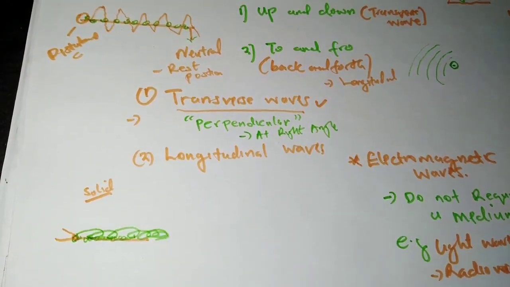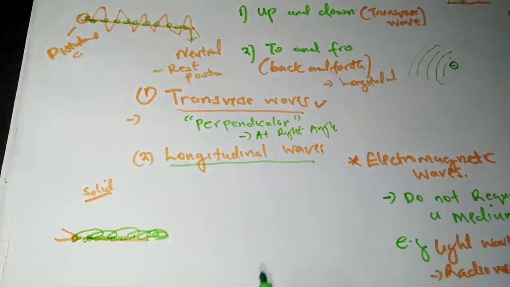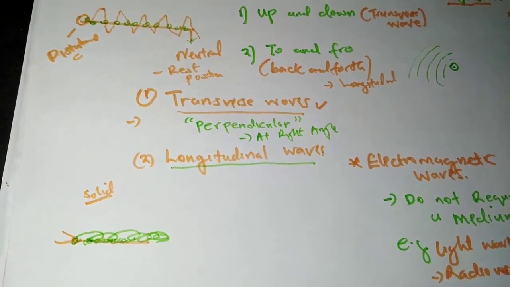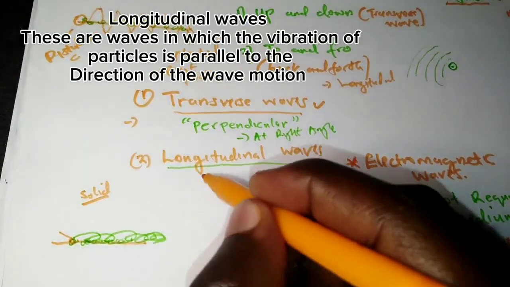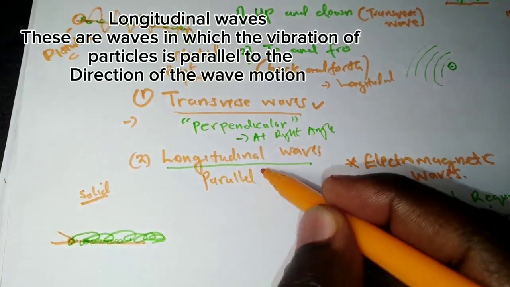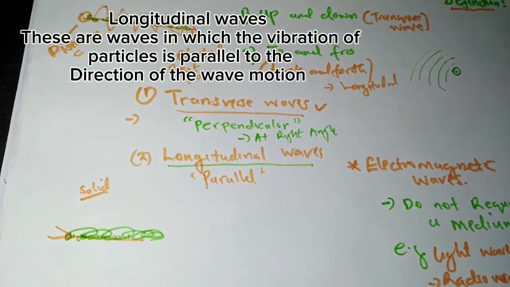This type of vibration, which is back and forth, is what we call longitudinal. And the key word here is that the particles are vibrating parallel to the direction of the wave motion.